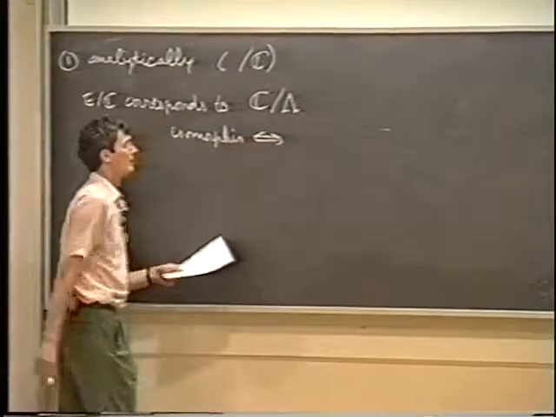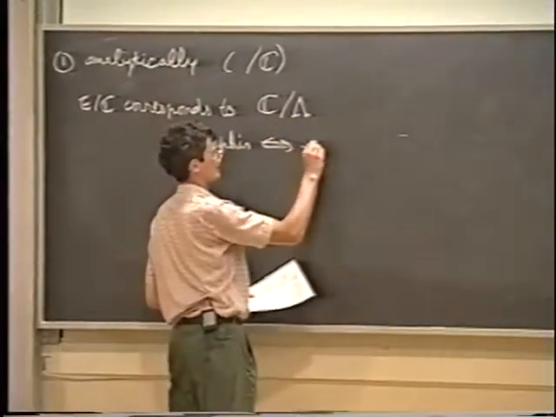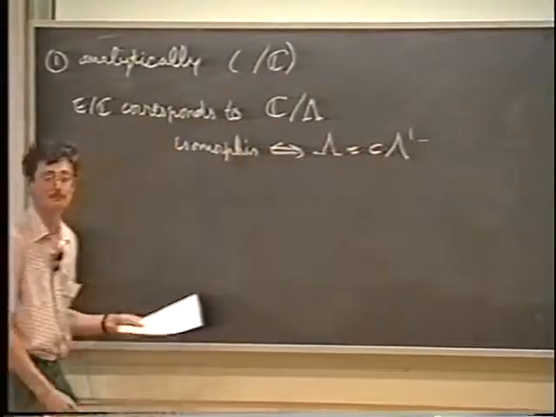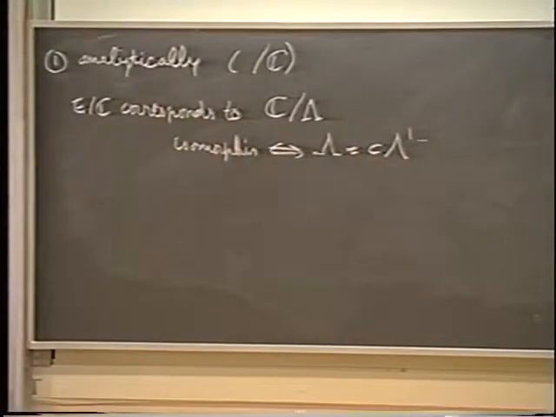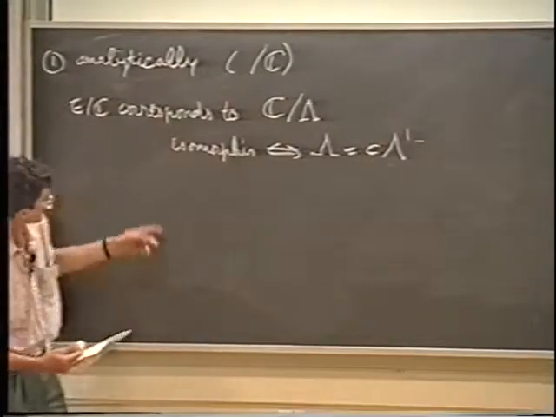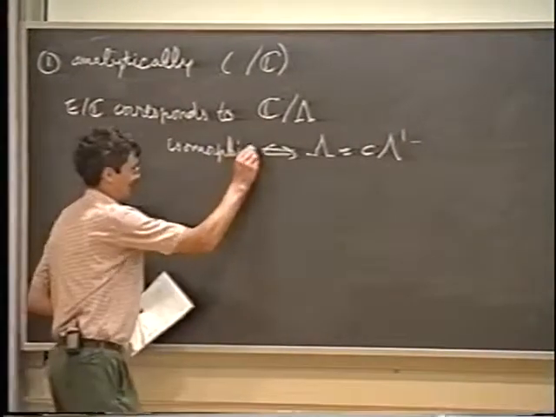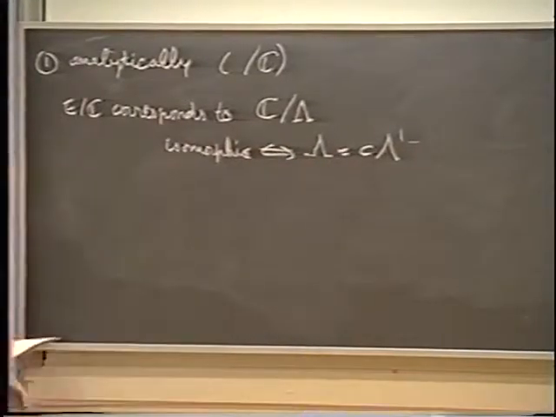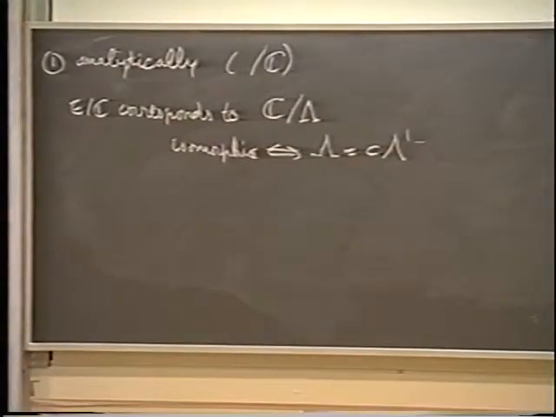Precisely when the one lattice is a constant times the other. When the two lattices are homothetic. So this makes it rather easy, in terms of the lattices, to describe elliptic curves over C.